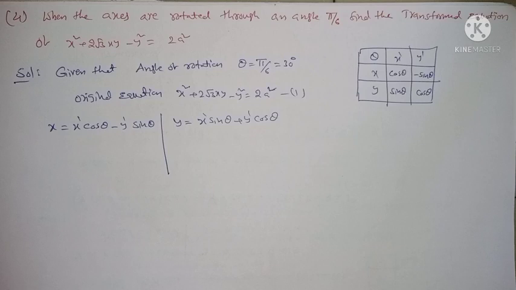You can find your x comma y value. Therefore, x is equal to x dash cos theta minus y dash sin theta, and y is equal to x dash sin theta plus y dash cos theta. Here x dash and y dash you don't know, but theta is given, therefore you can find the x and y value by putting the theta value.